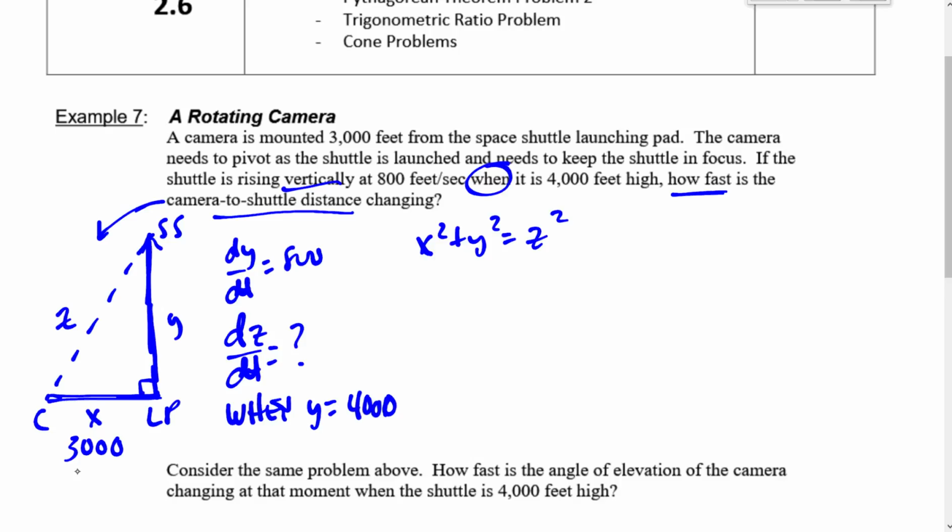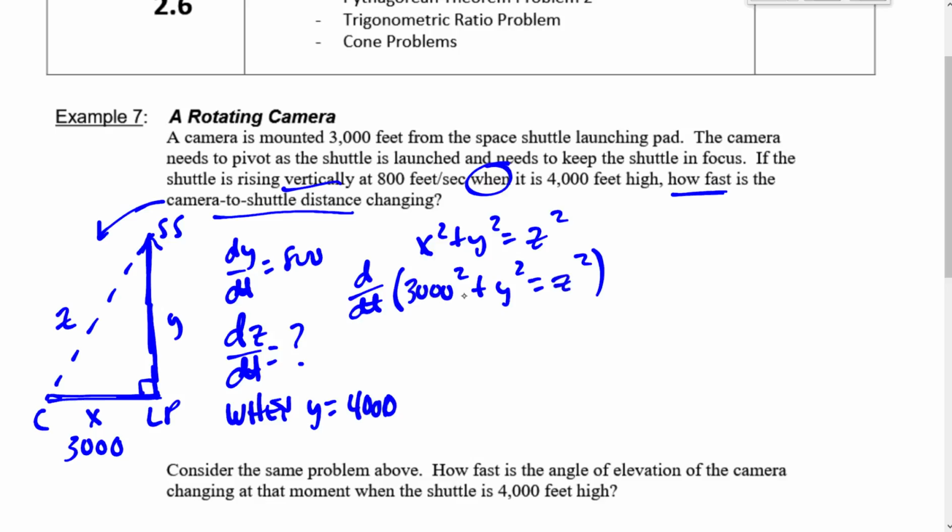And since x is constant here, we want to go ahead and plug our constant values in before we differentiate. Always before differentiation. Sometimes you have constants, sometimes you don't. All right, and then we're going to take the derivative with respect to time of this whole equation.